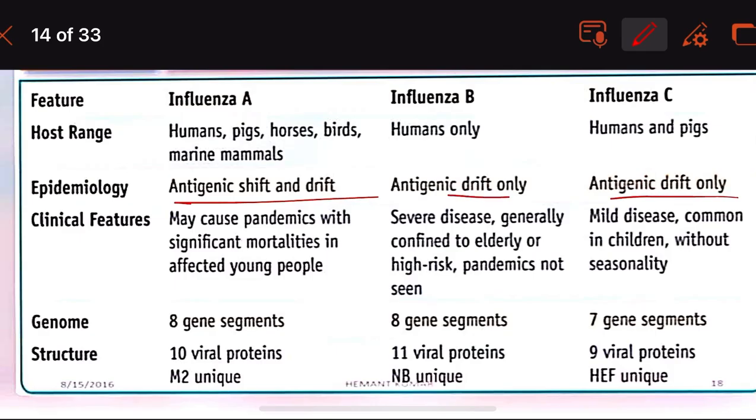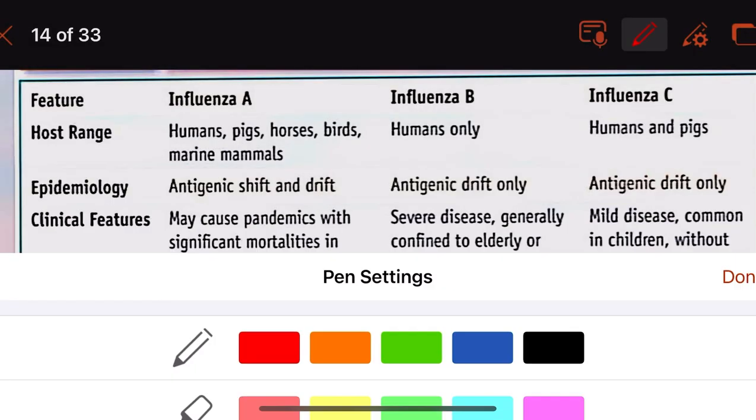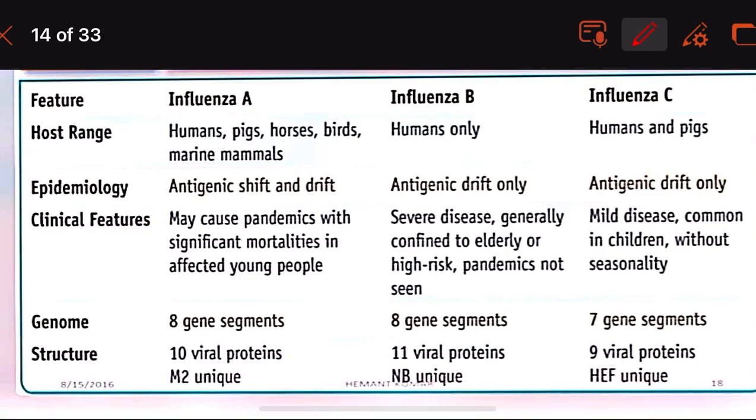What are the clinical features? Influenza A causes pandemics with significant mortality in affected young people. It affects all around the globe. An epidemic becomes a pandemic when it crosses continents and borders. Next, influenza B causes severe disease which is confined to the elderly or high risk people.